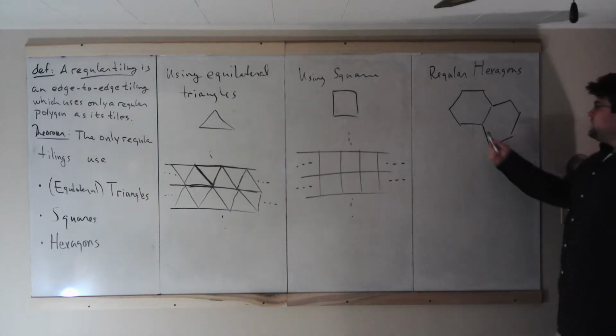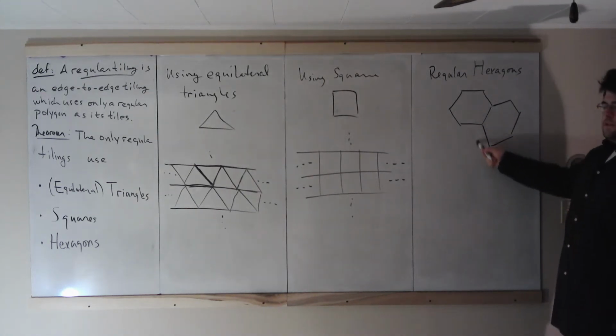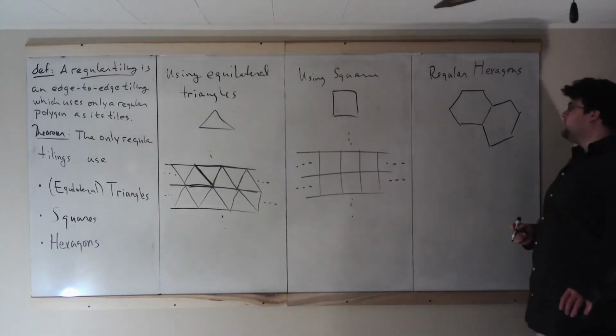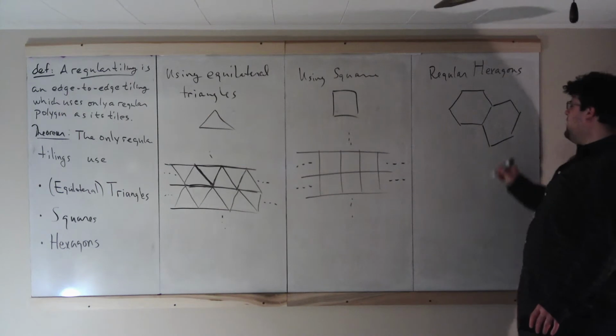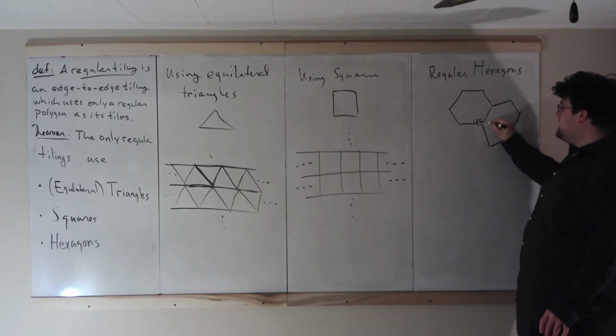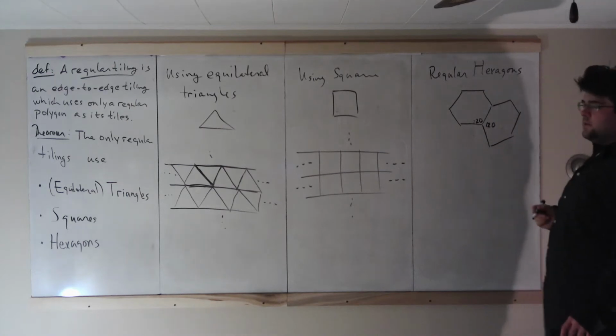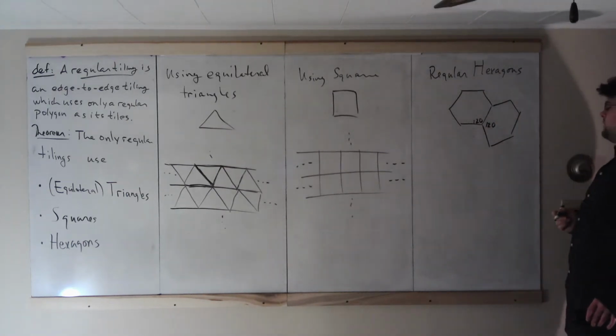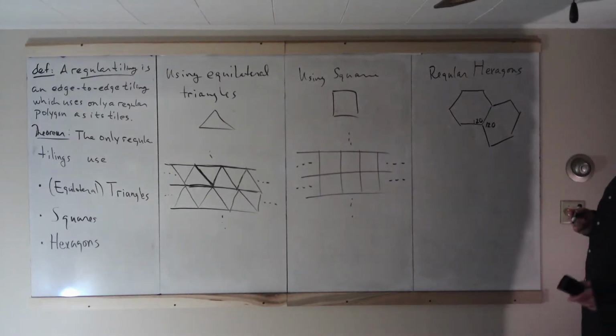But to do that, we need to know how much space is left there. And we also need to know how much space a regular hexagon takes up. Well, I will tell you now, and I'll tell you why in a moment, all of the angles inside a regular hexagon are 120 degrees.